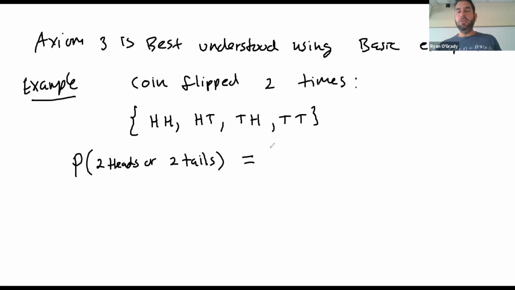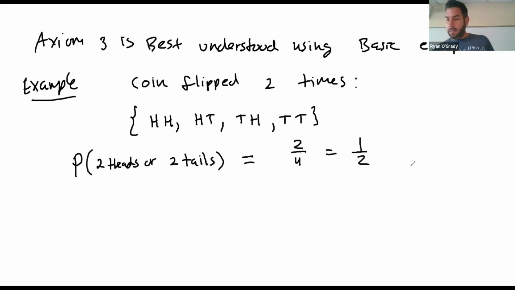Well, if we just use basic rules, that is 2 out of 4, which is a half. Why am I saying that? Because the case that I had two heads is one of those, and then two tails is, how many out of the total 4 do those constitute? 2 of the 4.